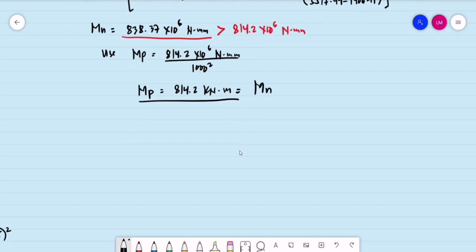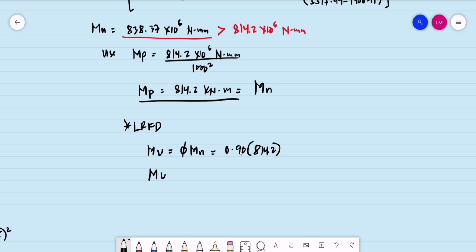So under LRFD, our nominal moment capacity, or the ultimate moment capacity, or the design strength, M sub u is equal to the reduction factor multiplied by M sub n. So this is equal to 0.90 of 814.2 kilonewton meter.